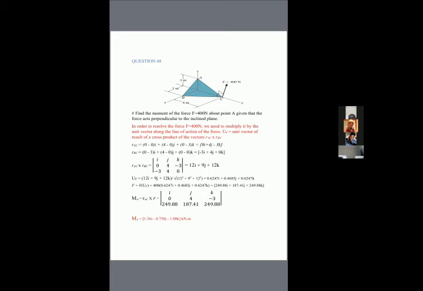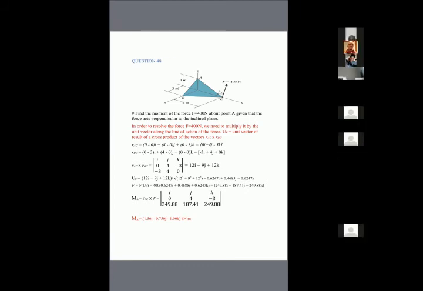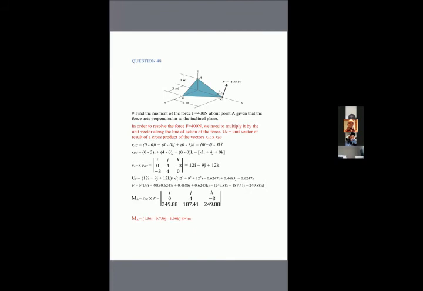So when you get the determinant, you find that the result is 12i plus 9j plus 12k, divided by the magnitude, which is the root of 12 squared plus 9 squared plus 12 squared. That gives the unit vector there.